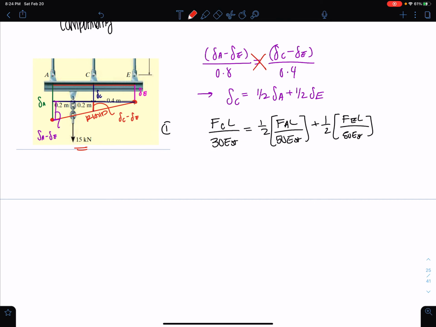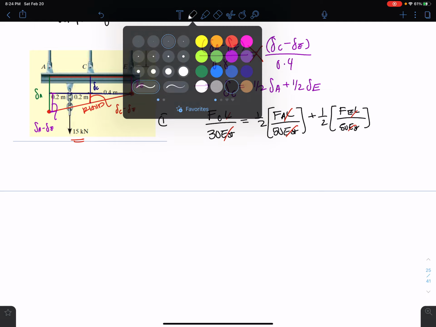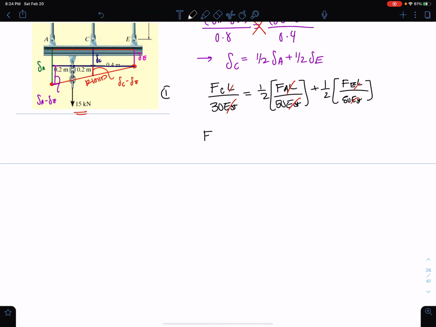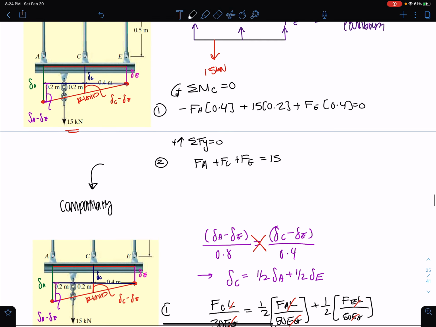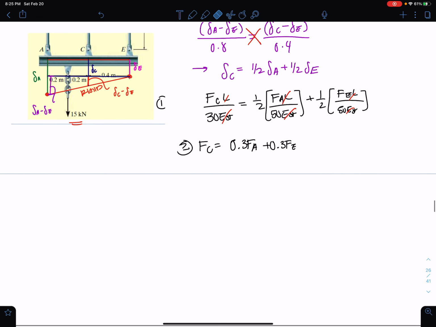And I end up crossing out all of the L's, all of the E's, and I end up getting here FC is 0.3 FA plus 0.3 FE, and this is now my third equation.